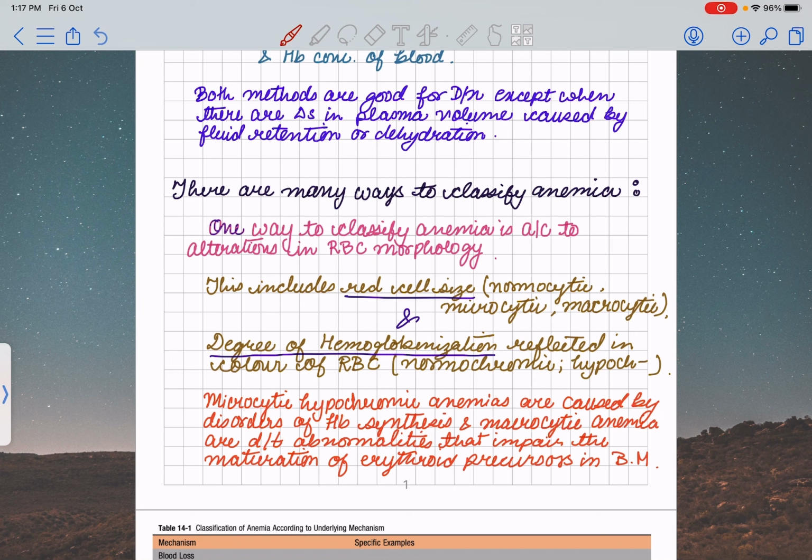One is based on morphology, where you can see RBC size, whether they are normocytic, microcytic, or macrocytic, or the degree of hemoglobinization, whether they are normochromic or hypochromic. There is no such thing as hyperchromic. So RBCs can either be normochromic or hypochromic. We said microcytic hypochromic anemia is usually associated with hemoglobin disorders. Macrocytic anemias are due to abnormalities in maturation of erythroid cells in the bone marrow.